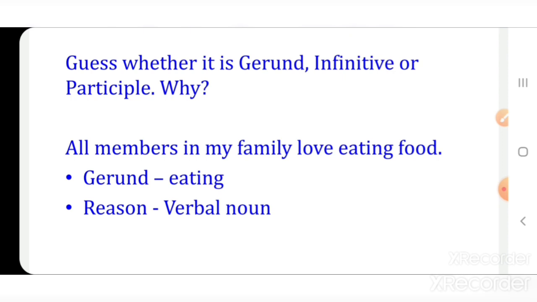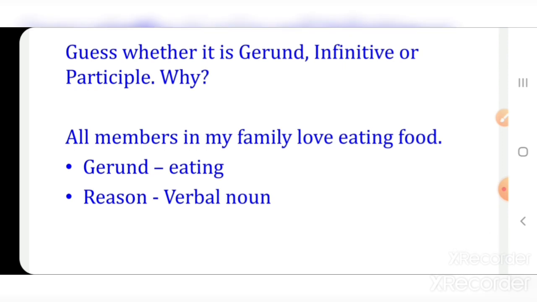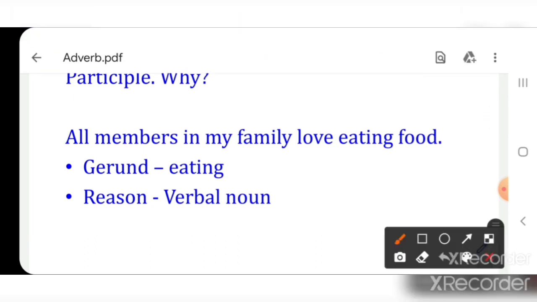How come? Because eat is an action word, it is a verb, and ing is used after that verb, and it is used as a noun. It is not a main verb in this sentence. Love is a main verb, and eating is not a main verb.